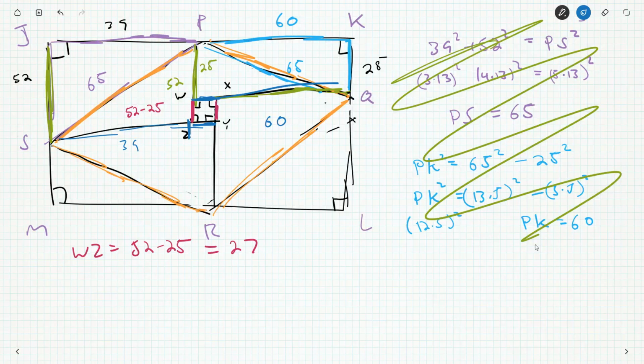I need another length. So I've got 60. I need to cut it off. So if I knew this length down here, we'd be all set. So I still have some more work to do. It's a very interesting diagram.